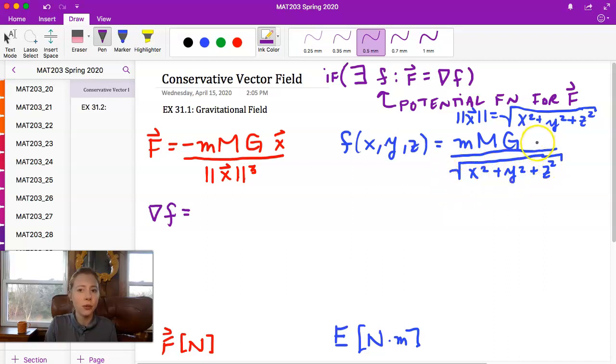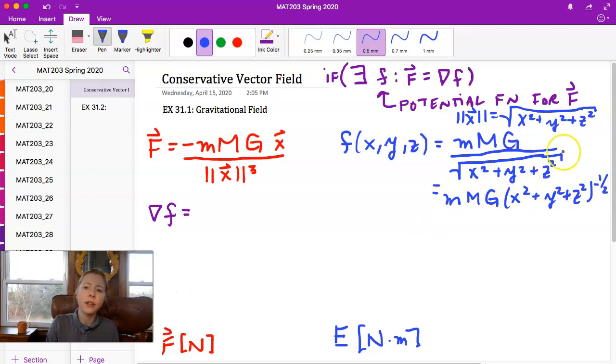We could bring it to the numerator, and we could write this as mMG times x squared plus y squared plus z squared to the -1/2. All right, so that's a little easier to look at. And if you were to take the partial derivative of this with respect to x, we have a minus sign here, it would be minus mMG.